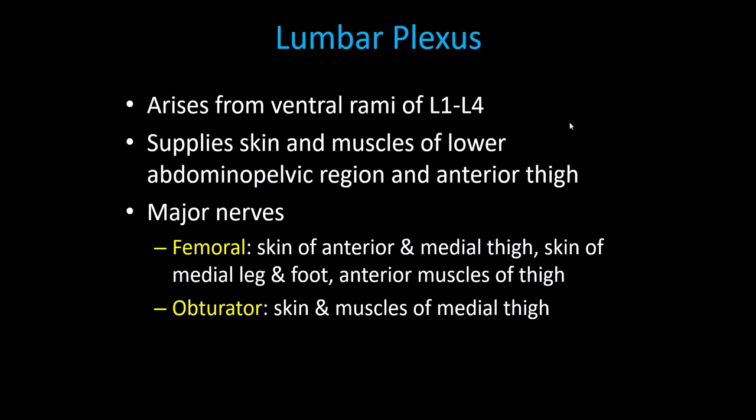So things like your quadriceps femoris, right? The femoral nerve is definitely going to be one that innervates that big muscle. And then the obturator nerve is very much a medial nerve, so it's going to do skin and muscles in the medial thigh. So things like the gracilis, things like the adductor muscles, etc.